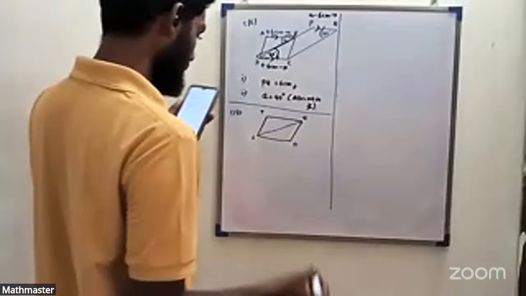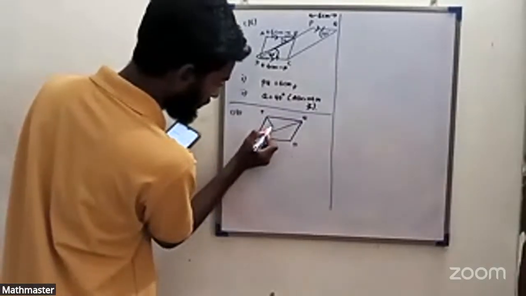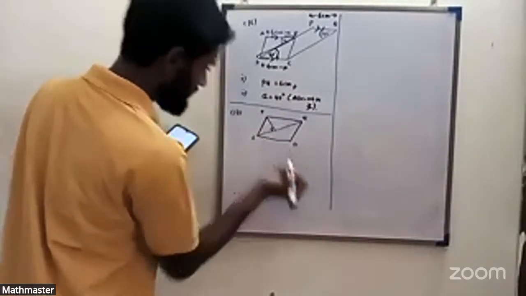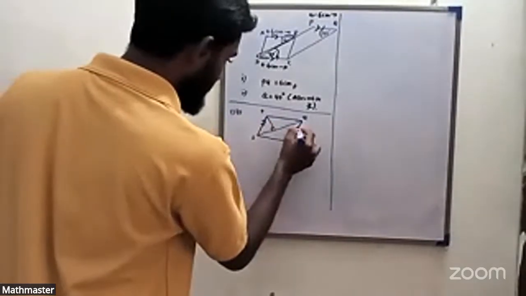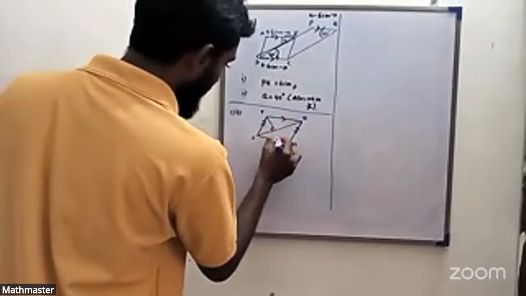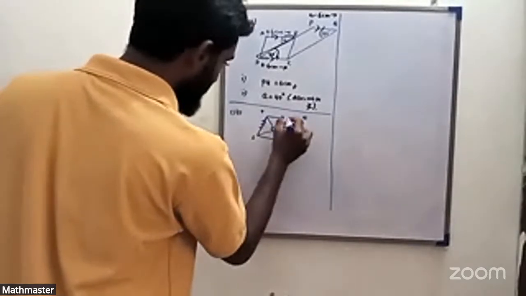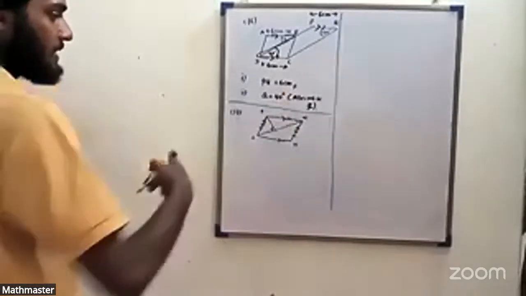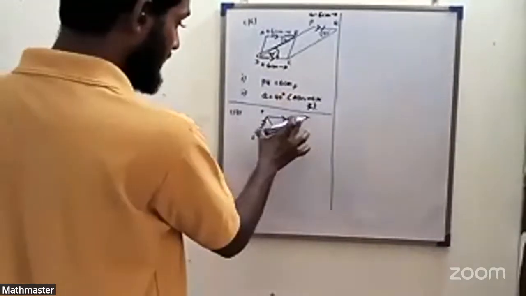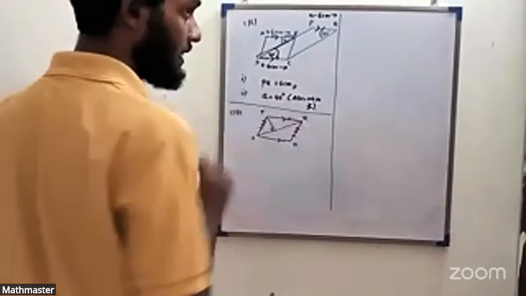Then PT, T. This is 90, they say. This is a parallelogram, so these opposite sides are parallel and equal. This is equal to this. This is equal to this. And the diagonals bisect each other, and also the diagonals will bisect the area of the parallelogram.